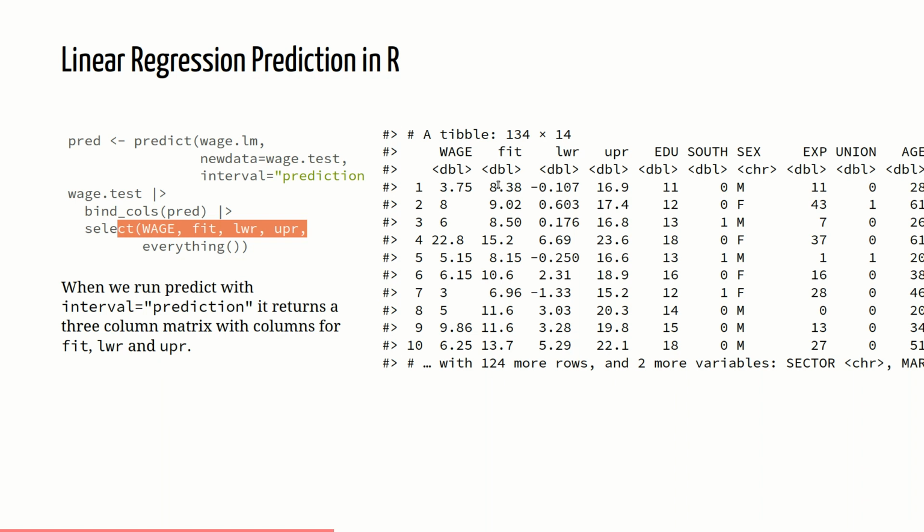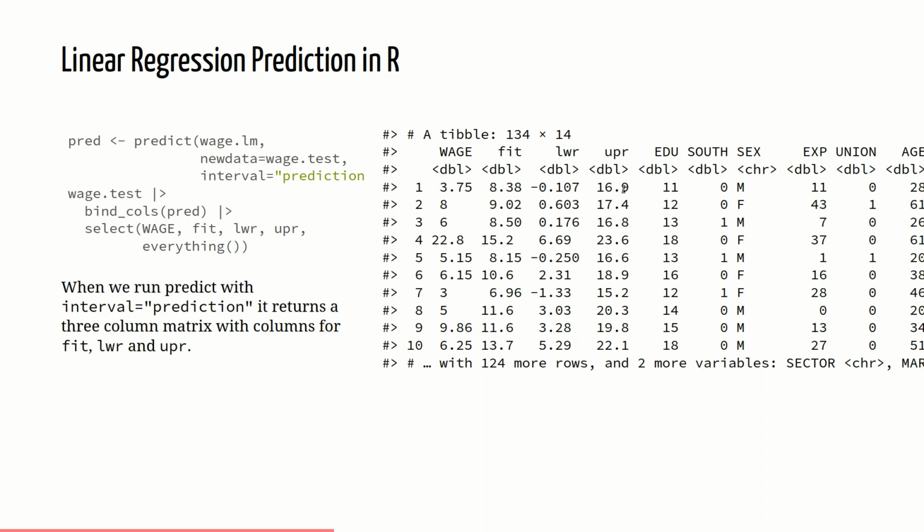So here you can see, here's the same column that we had before. So that's our best guess, if you like, as to what the wage is, given the model that we fit. And then these are the 95% intervals. And what we can see here is that these are just horrendously big, right? So we're estimating that this first person has wage $8.38 an hour, which is miles out. They only have wage $3.75.